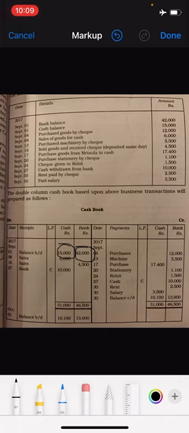So bank balance is entered in the bank column and cash balance in the cash column. I hope this much is clear. And then the third entry: purchased goods by check.